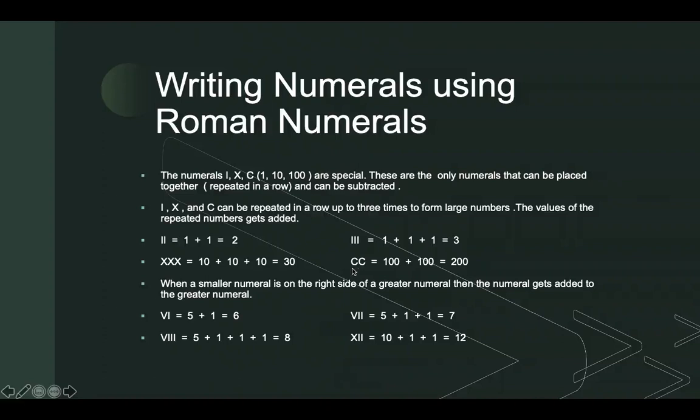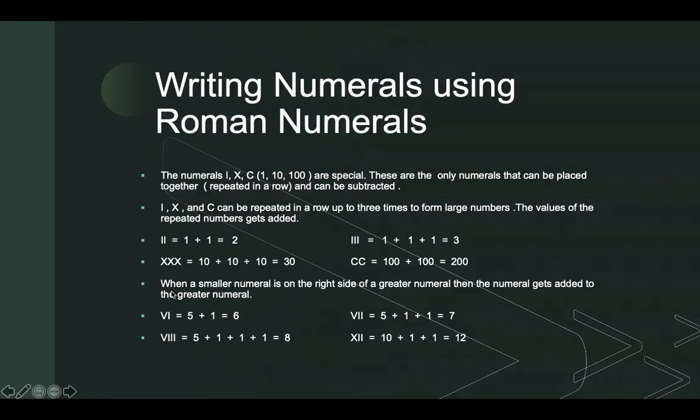How to get the number for this Roman numeral? C is written 2 times, so we add 100 two times here. As we know, the value of C is 100, so we add 100 two times and we get 200. So the value of this Roman numeral is 200.